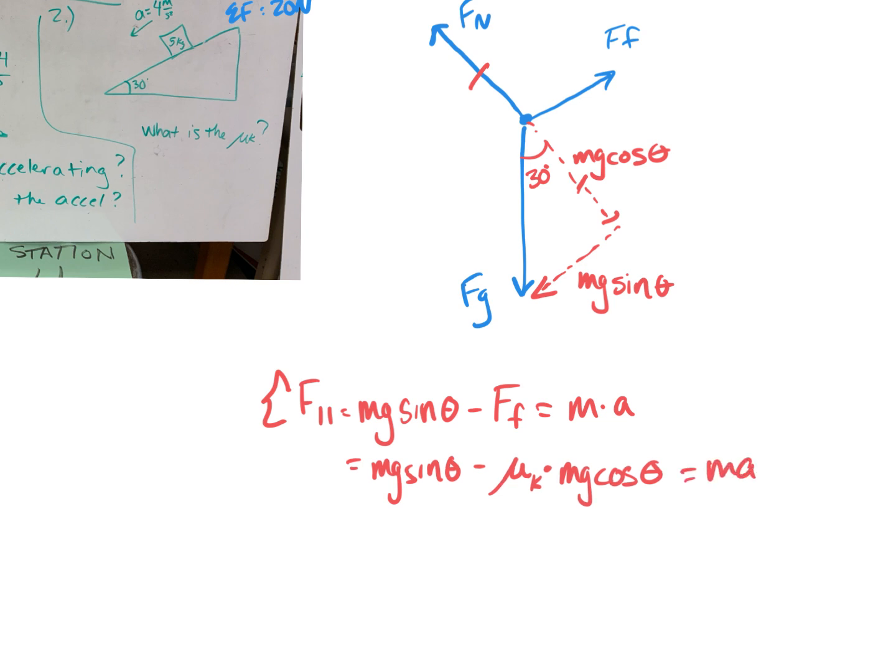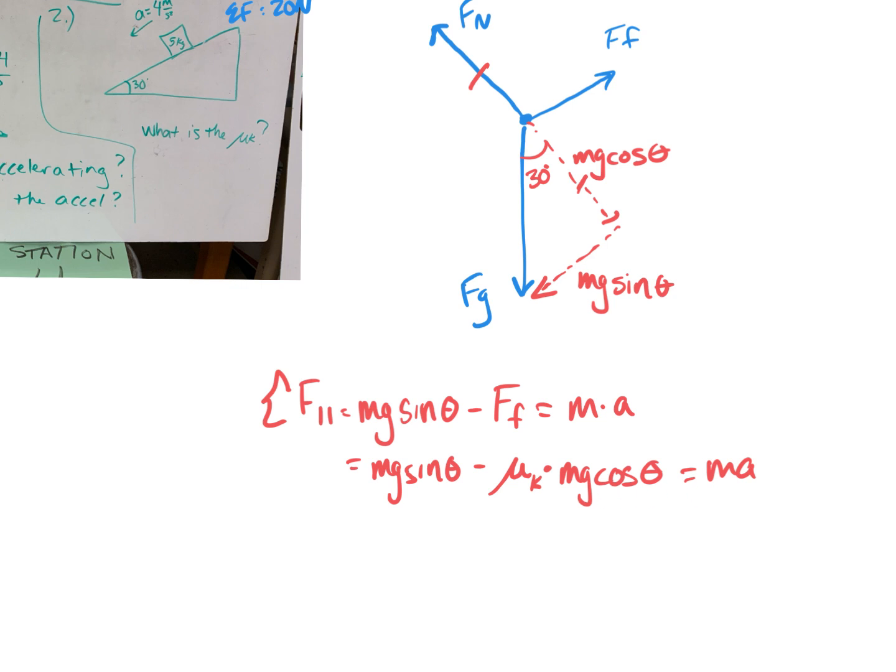That is really the phrase that we're going to be using to get to mu. And I don't necessarily have to write my perpendicular equation to find that mu because I have everything else I need. I was given mass, I know g, I know the angle, and I know acceleration. So that's going to be everything I need. I'll just do the algebra here in a second.